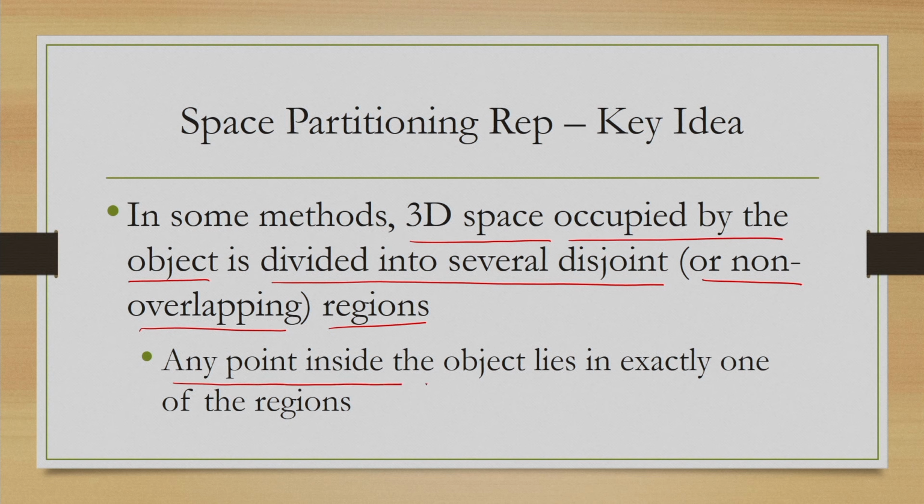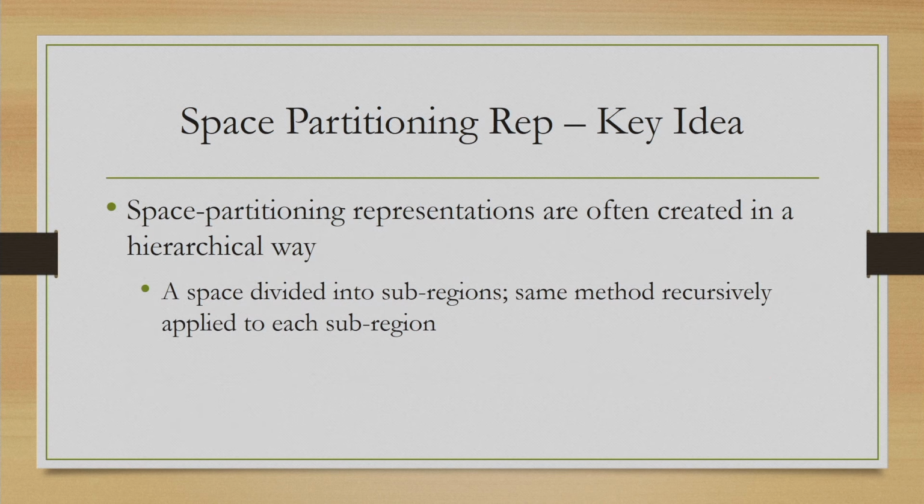Any point inside the object lies in exactly one of the regions. So, the division is done in a way such that any point inside the object lies in exactly one of the regions. So, when we represent objects in this manner, then we are essentially representing in terms of the space occupied by the object rather than the bounding surfaces. So, those techniques where such approaches are used are called space partitioning methods or representations.